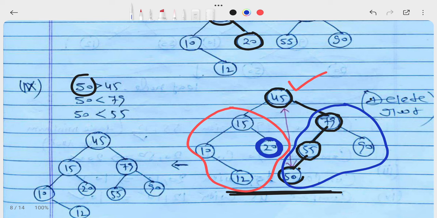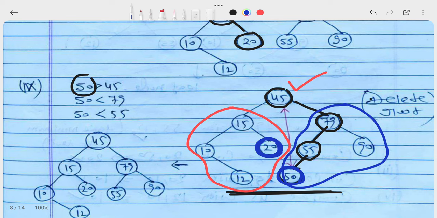You can see that 20 is the greatest, then 15, 10 and 12. Or at the right subtree the smallest element is 50. So 50 is smallest, then 55, 79 and 90. So either take the greatest element of the left subtree or the smallest element of the right subtree.